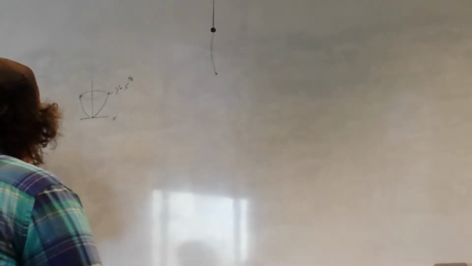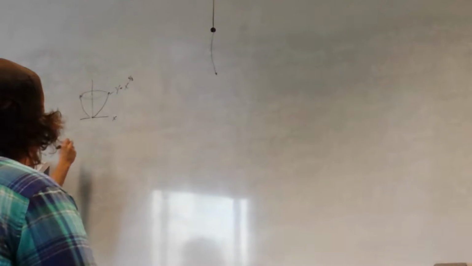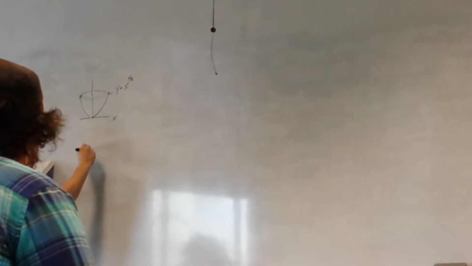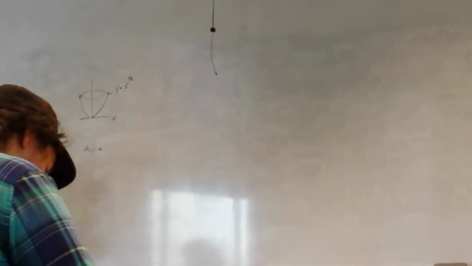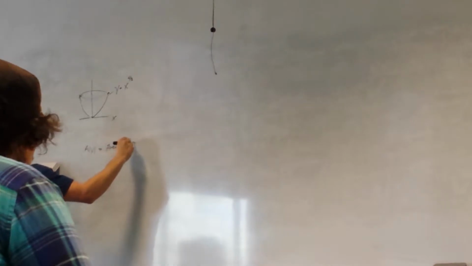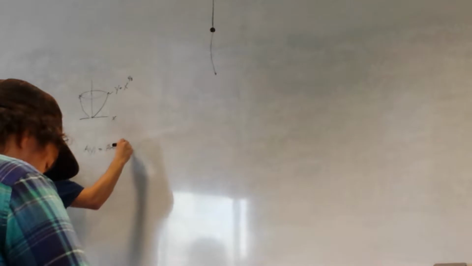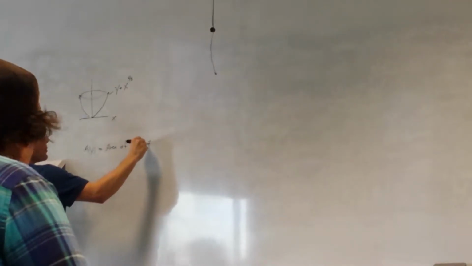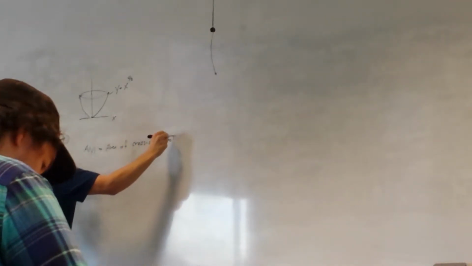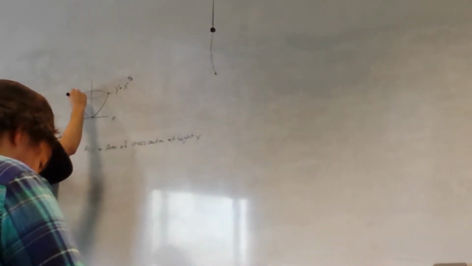So Torricelli's law is stated in a few different ways. In the final form, A of y is defined to be the area of a cross section at height y. I shouldn't use x for cross section, we get it confused with x, but cross-sectional area.